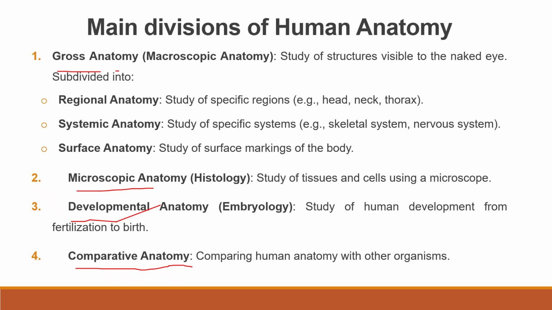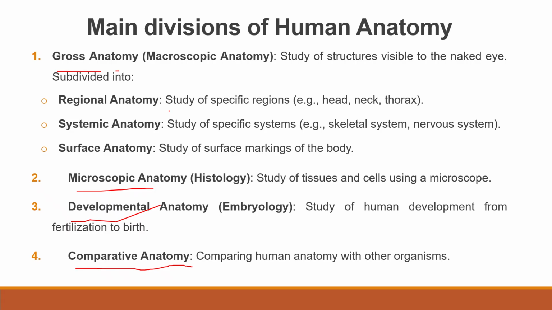Gross anatomy is further divided into three parts: regional anatomy, systemic anatomy, and surface anatomy. Regional anatomy studies specific regions of the body, for example the heart, neck, or thorax. Any specific region we study, we call regional anatomy.